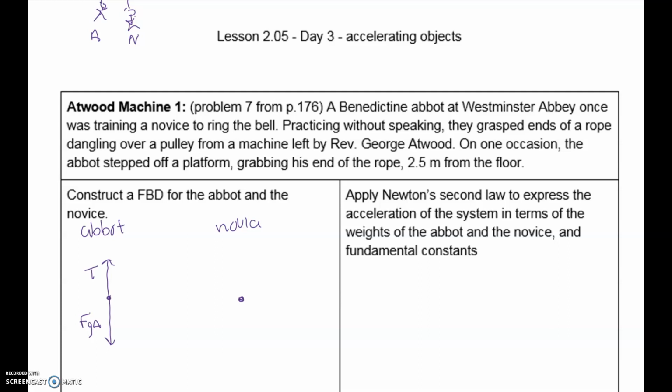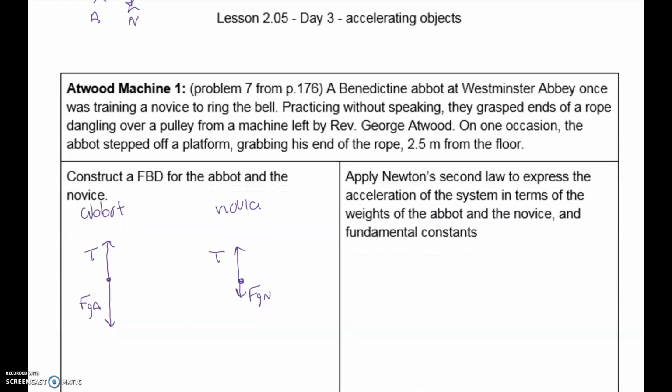So the rope acts upward on our object, with the same magnitude as the tension acting on the abbot. Now our novice is going to be accelerated upward, so its force of gravity has to be smaller than tension. All right, so there are our free body diagrams. Okay.